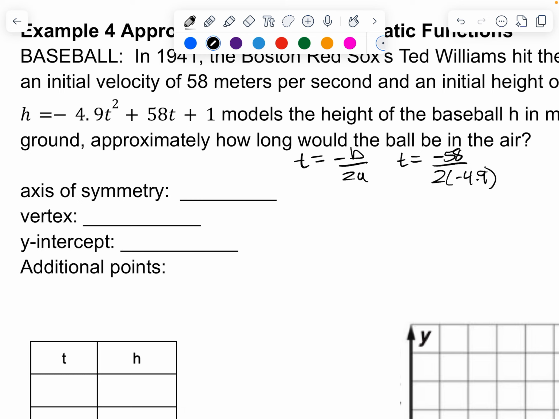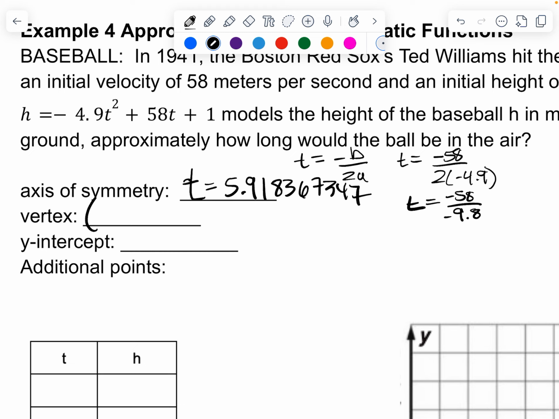So 2 times 4.9 is going to get me t equals -58 over -9.8. So 58 divided by 9.8 is going to get us 5.918367347.